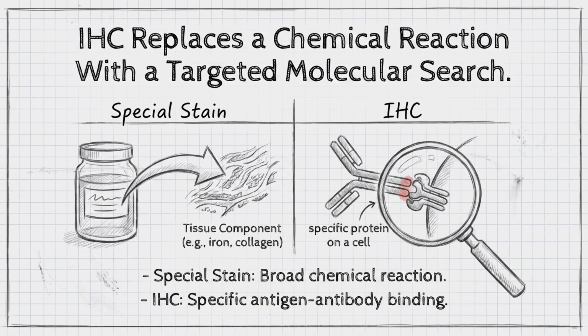But this precision also means we need to be acutely aware of potential pitfalls, like antibody cross-reactivity or nonspecific binding. We'll see how this targeted approach opens new avenues for forensic investigations.